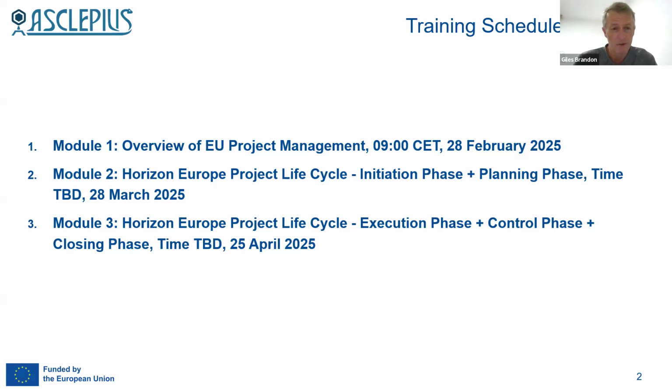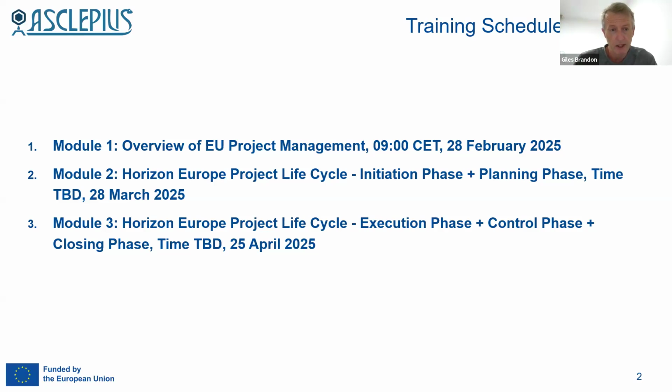I'll be giving, for example, in Module 2, a lot of examples of ways and means to write proposals for Horizon Europe. And I'll be drawing upon a lot of my own past experience. I'll be giving you lots of advice about bits of text, tables, figures that you can use in different sections of the Horizon Europe proposal application process.